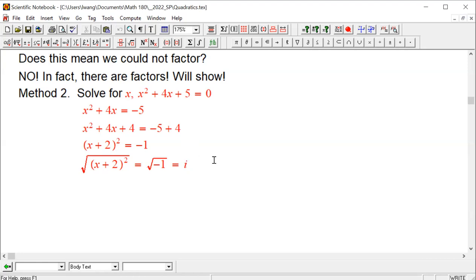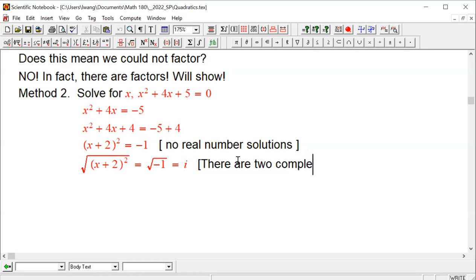At this moment, we already know there are no real number solutions, and there are two complex number solutions. So now let's go find them.